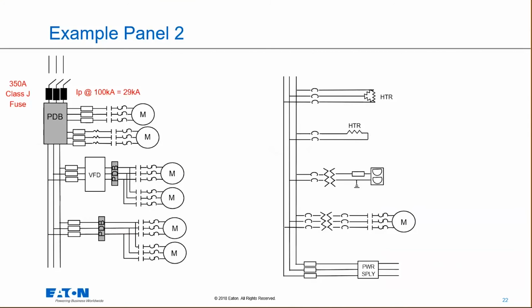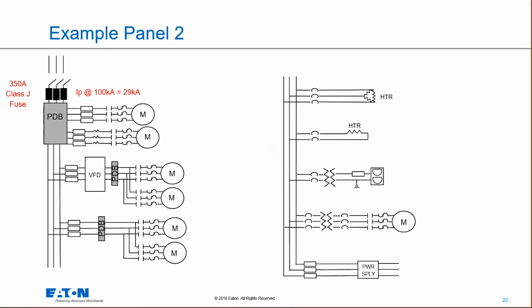Hopefully you remember this a little bit from yesterday, but we're going to go through it again. When we look at the ratings and the let-through currents of the fuses, we need to look at the tables in table SB 4.2. In this particular case, we're going to look at the 100,000 amp column. We're going to try to get the let-through current on a 350 amp Class J fuse.